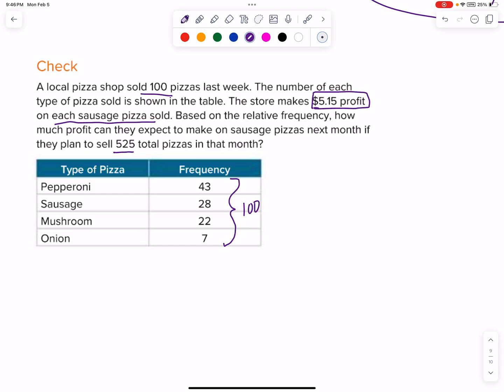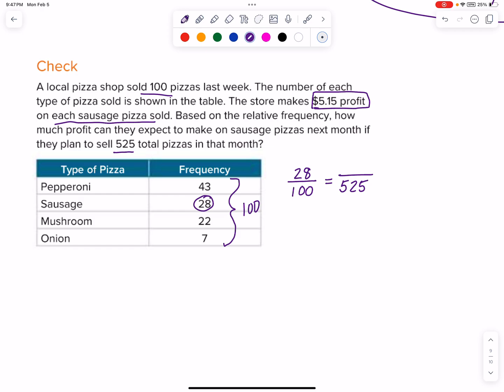All right, so we're only focusing on sausage, which is 28. So we know they sold 28 sausage out of 100. Now, we could simplify that, but really we know about proportions, and that is a ratio also, and we can use that ratio to predict with a proportion what it would be if we changed it to 525, by creating an equivalent fraction here.